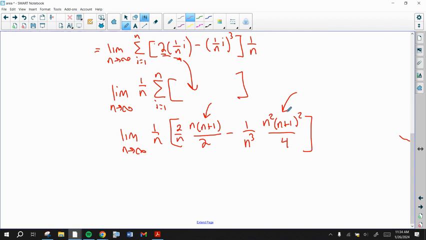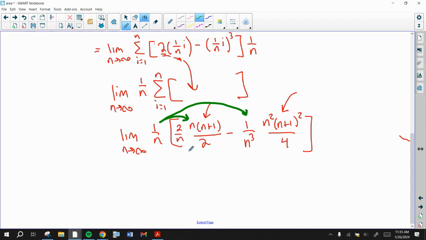Now I have to apply the limit. So looking at the limit, you're going to have to distribute the 1 over n. And what that does, if you look at each separate term, is that the first term has an n squared on top. When you multiply this 1 over n through, you also have an n squared on the bottom.